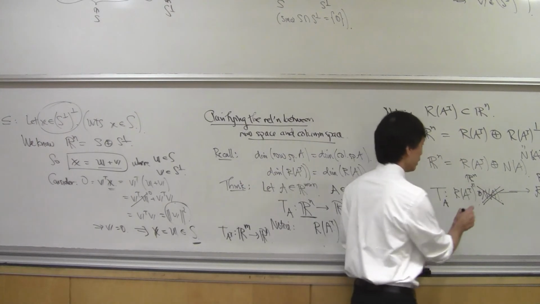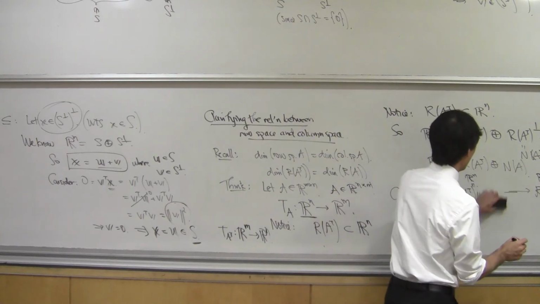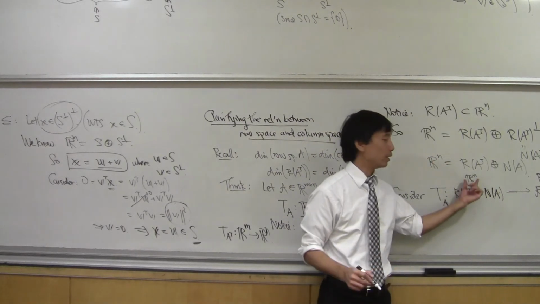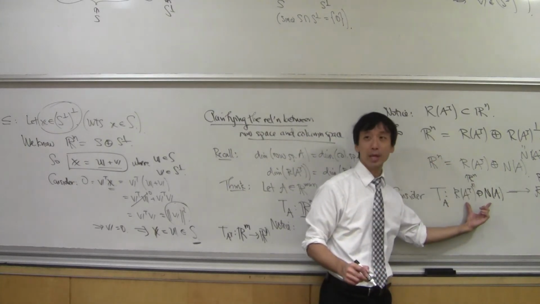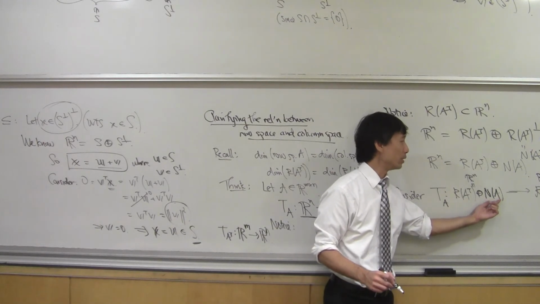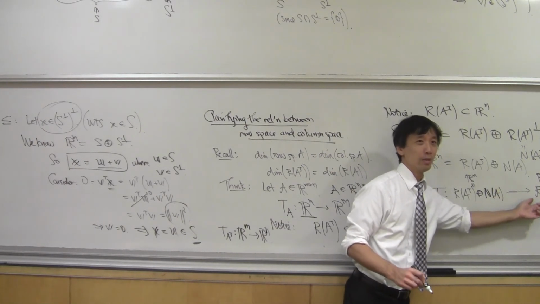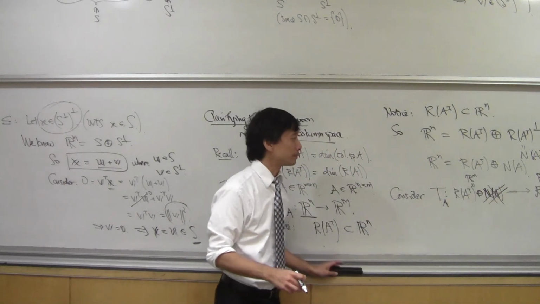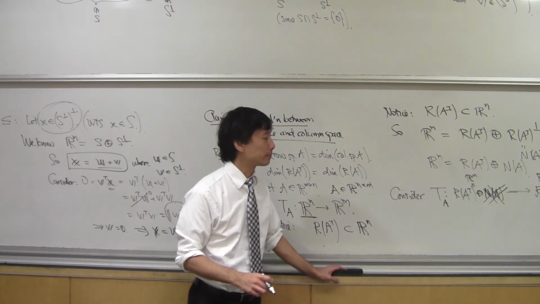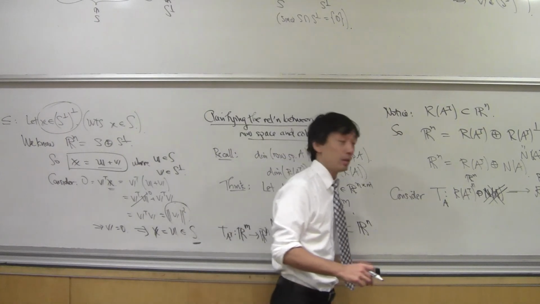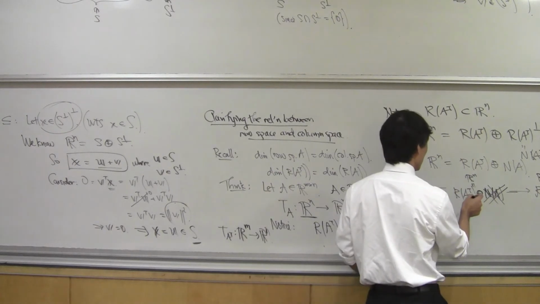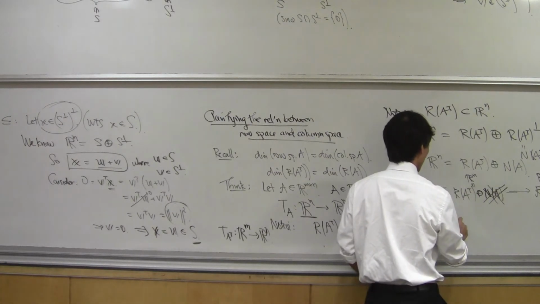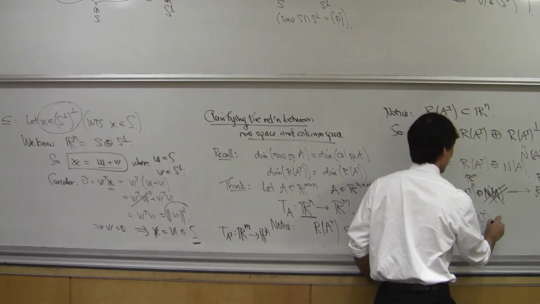If we look at how A acts on Rn, well, Rn is the range of A transpose plus the null space of A, but the null space of A just gets mapped to 0 over here. So I'm just going to leave it off. So in fact, we think of T sub A going from here to here.